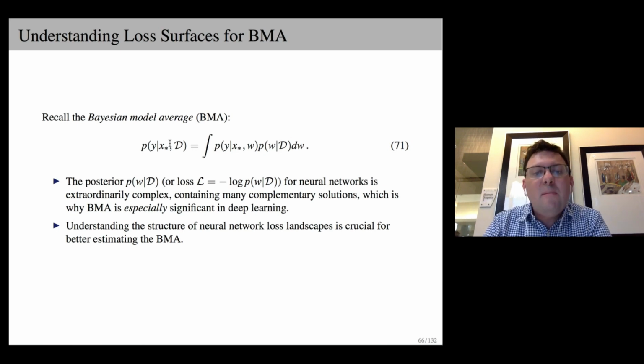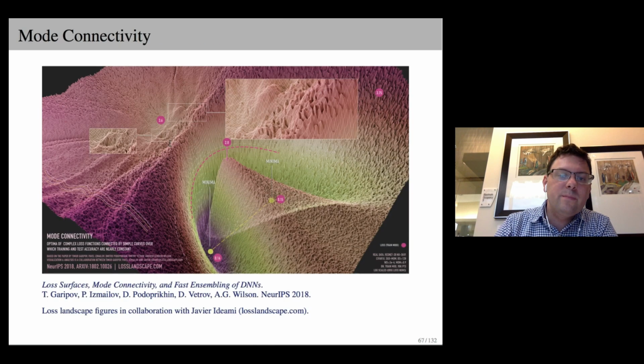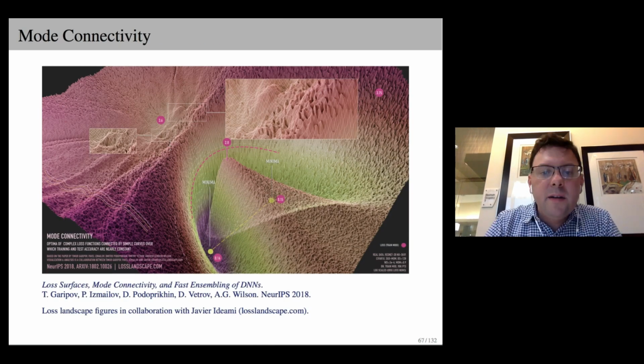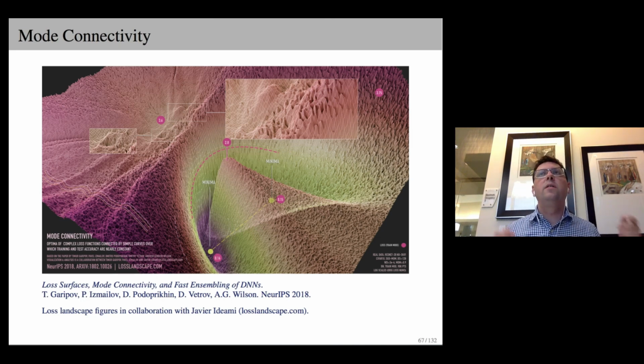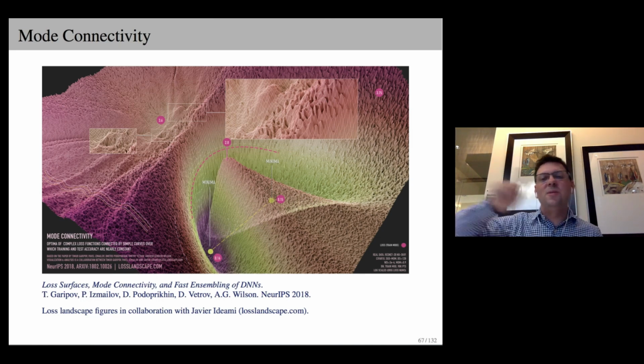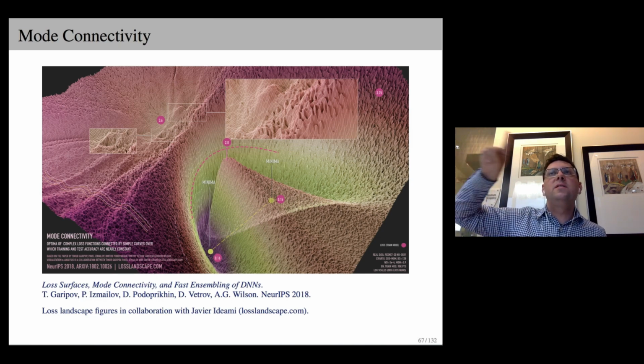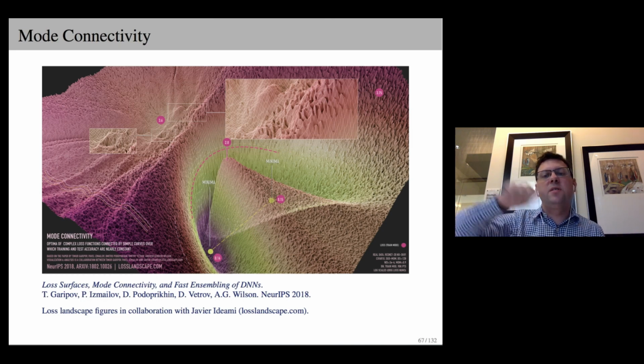In order to come up with a really good approximation of this integral, however, we're really going to need to carefully understand the structure of the neural net loss landscapes. Towards that end, we show that if you retrained a neural network twice and got different solutions, different basins of attraction, you could actually find subspaces along which these different solutions were connected, meaning that you could walk from one point to another along a curve in this subspace, and the training loss wouldn't change very much as we traverse this curve.